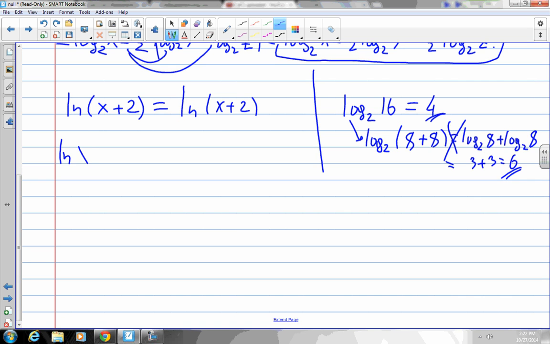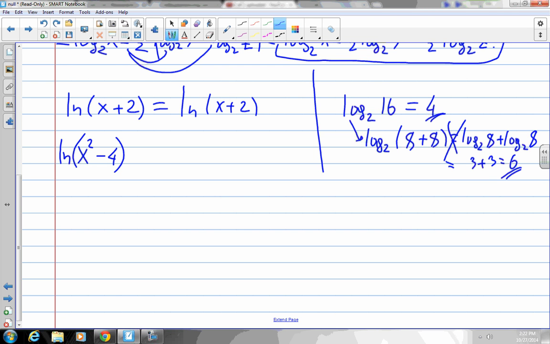Now, in lieu of my trick question, what can I do with that? I cannot break it into two logs. I cannot go natural log of x squared minus natural log of 4 based on what I just did. I cannot bring that little 2 down because 2 is not applied to the entire expression on the inside.